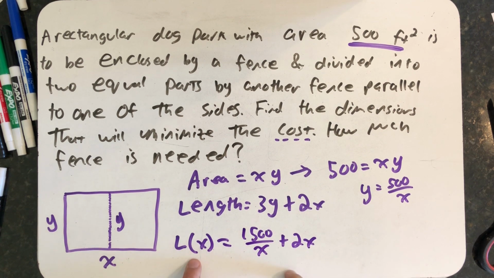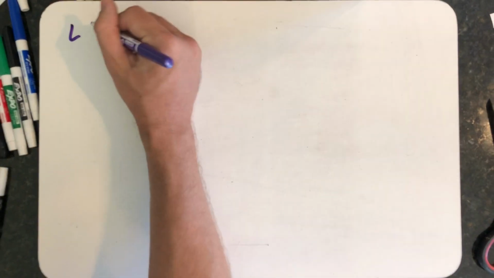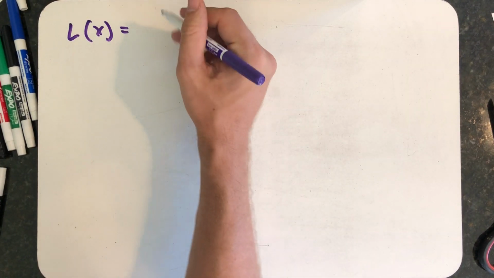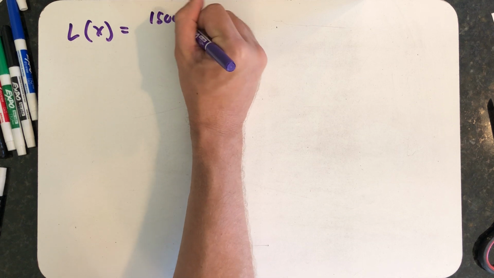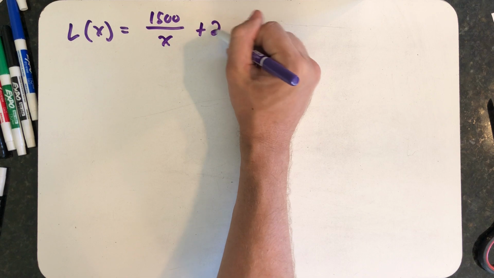So here's my function. And so now what I need to do is minimize this function, right? Find a minimum value. So this time around, I think I want to use the first derivative test for local extreme values and one of my first derivative number lines. The reason for that is from the statement of the problem, I can't tell you a maximum value for x really easily.